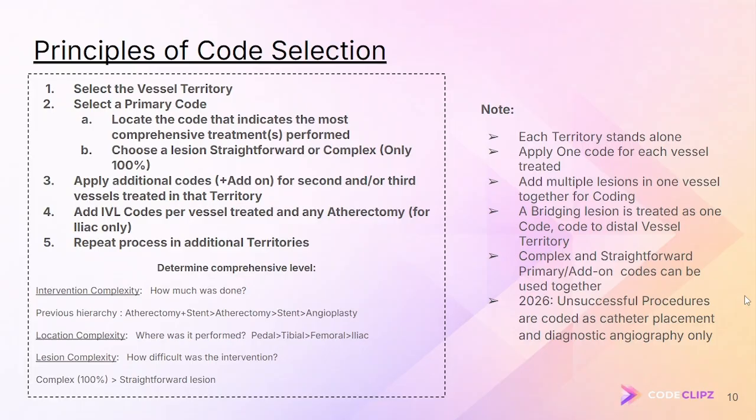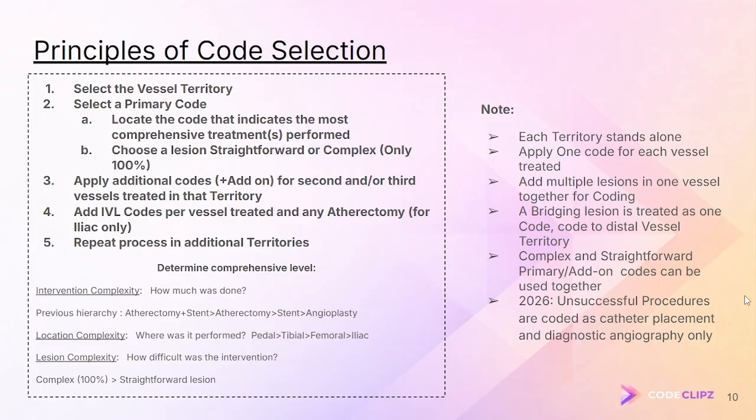So last year, if you scan down to the determine comprehensive level, we have different complexities that we have to consider for these codes. The intervention, last year we were provided with a hierarchy: atherectomy, stent, angioplasty. We don't have that given to us this year to determine the code values. However, we can still use that idea to figure out the most comprehensive treatment.